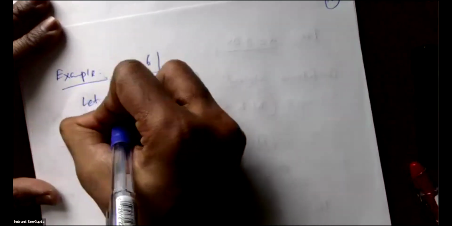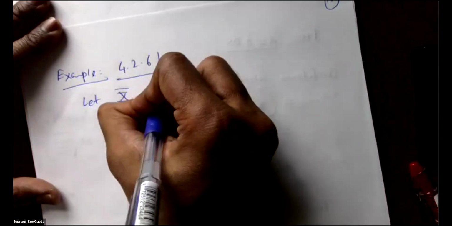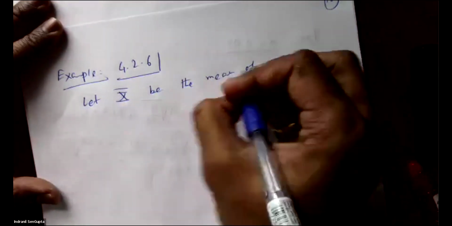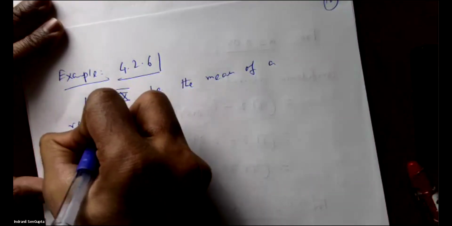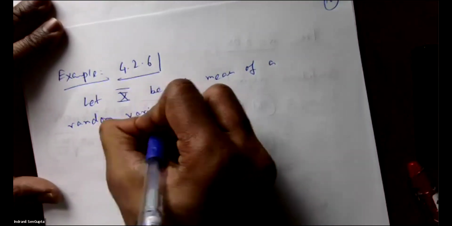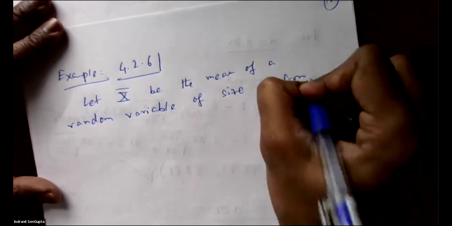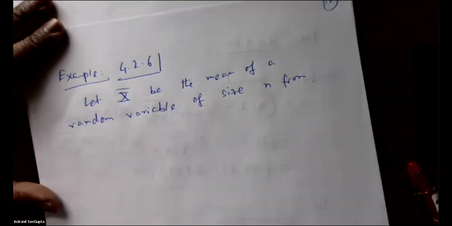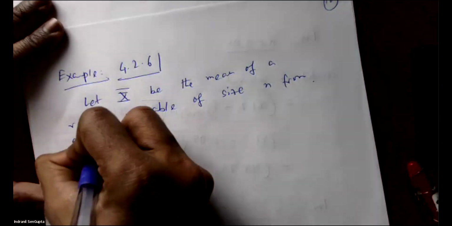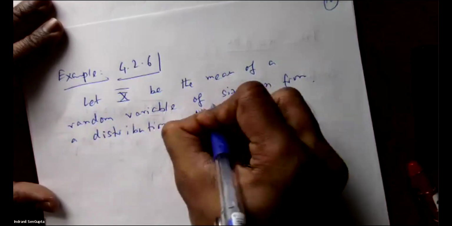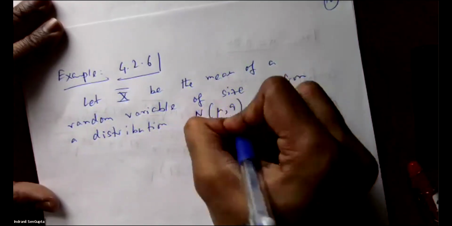Let X bar be the mean of a random sample of size n from a distribution N of mu, 9.